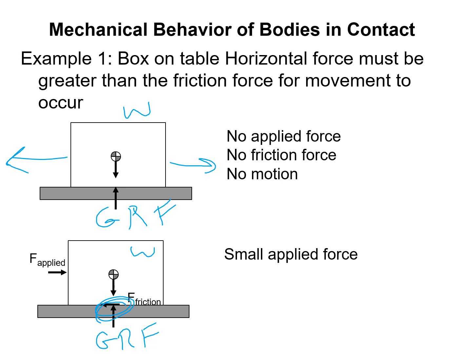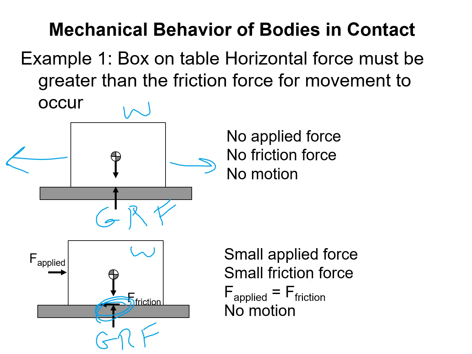But when we apply just a small amount of force, we have a very small friction force. If the applied force is equal to the frictional force, there is no motion, because our sum of forces is equal to 0.